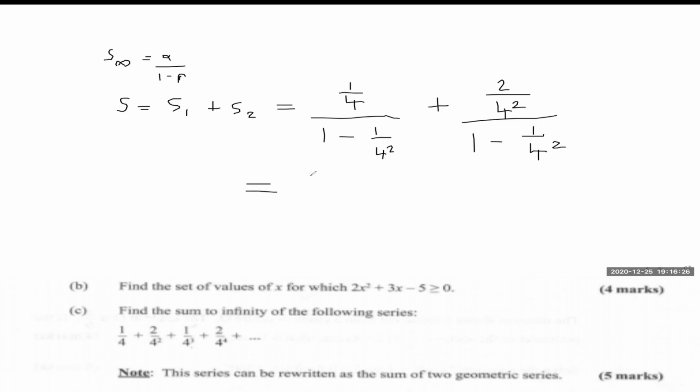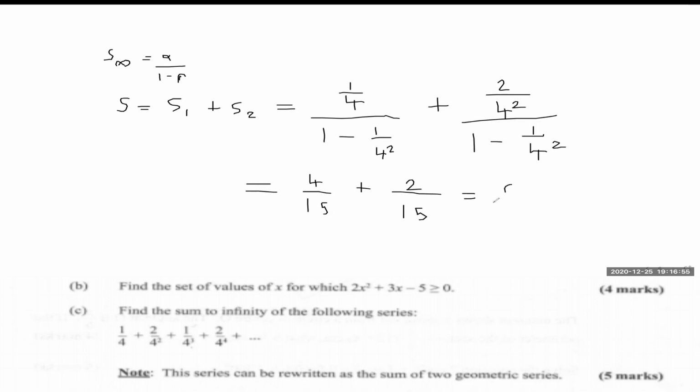So this part works out to be 4 over 15. Then we're adding it to the second part. Again, down here is 15 over 16, so we have 2 divided by 4 squared, divided by 15 over 16. That's 2 over 15. So the sum is 6 over 15.